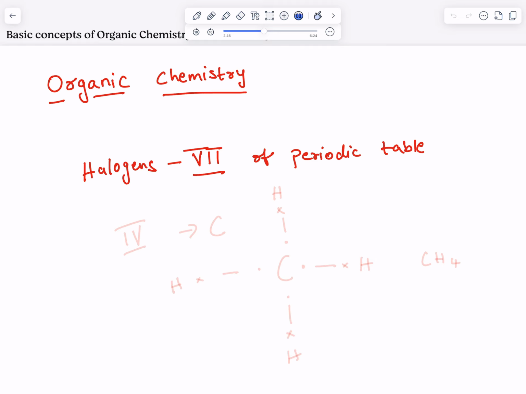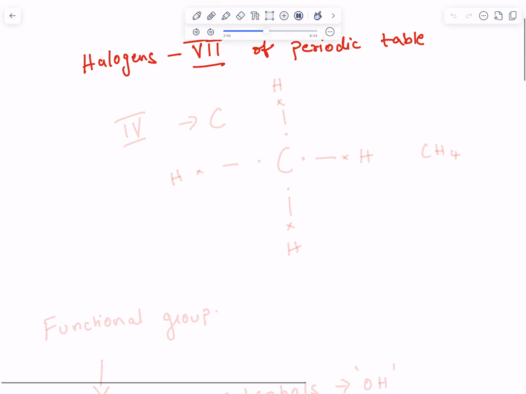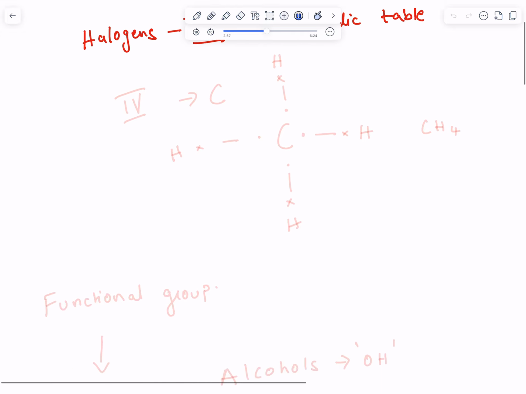Now, think of organic chemistry as carbon chemistry. Carbon is the main building block of life and fuels. When we get into organic chemistry, there are certain keywords like homologous series and functional group, and we will learn about them. Carbon forms a vast number of compounds because the beauty of carbon is that it is in group 4 of the periodic table.